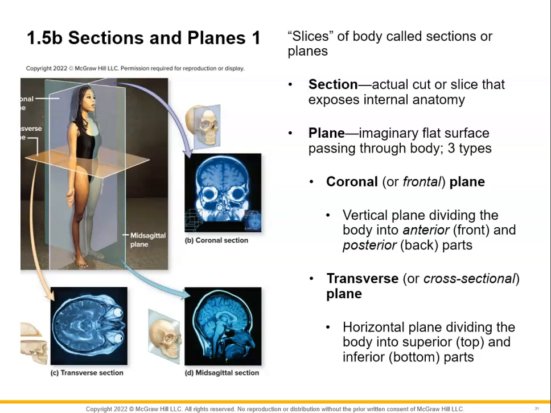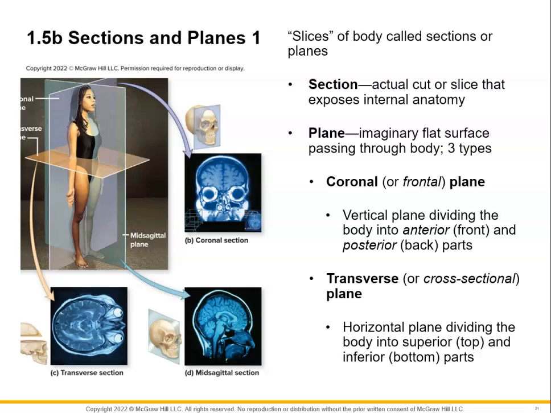So a section is a real cut or slice. A plane is an imaginary flat surface that passes through the body. There are three major planes that pass through the body. Now remember, imaginary plane. We're just using this to visualize, okay? So it's not an actual cut.